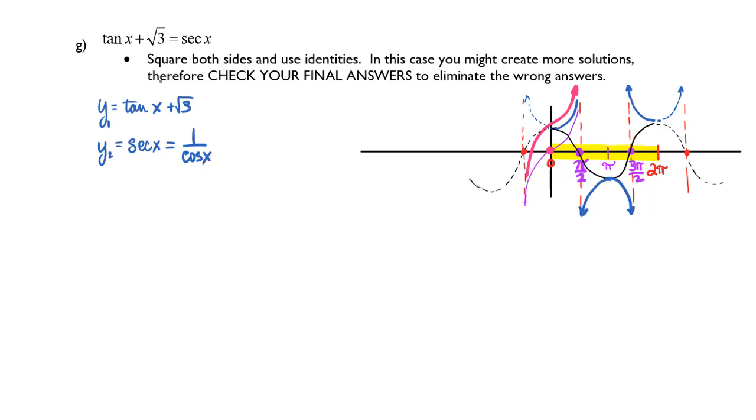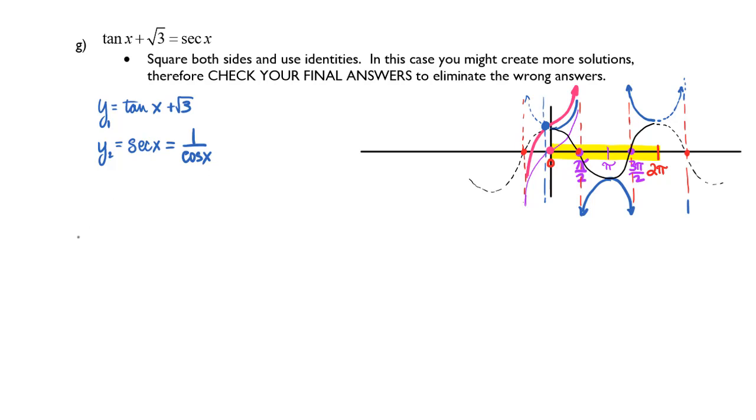And you could compare where these two intersect. Note that it's going to be in the negative angle region because the intersection happens to the left of 0. And then for every additional period of the secant function, which happens every 2 pi, you're going to have another one of these intersections with tangent of x plus root 3.